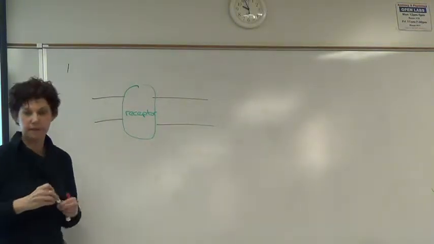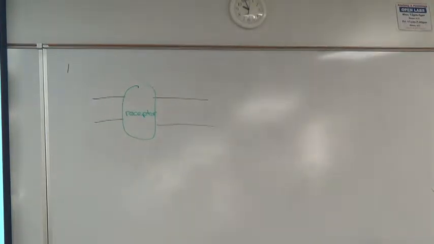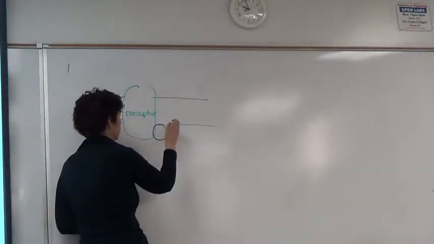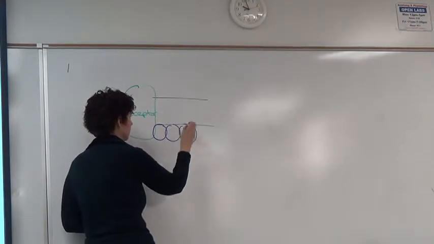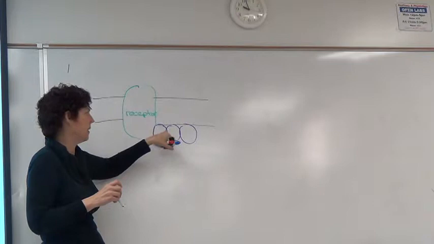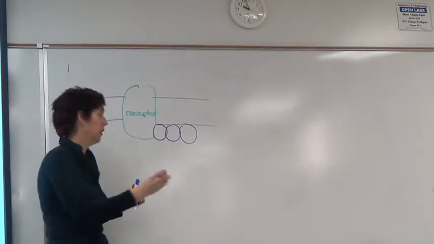Here's our receptor. And bound to the receptor is the G protein. Some diagrams will show the G protein next to the receptor. This one happens to show it over here.